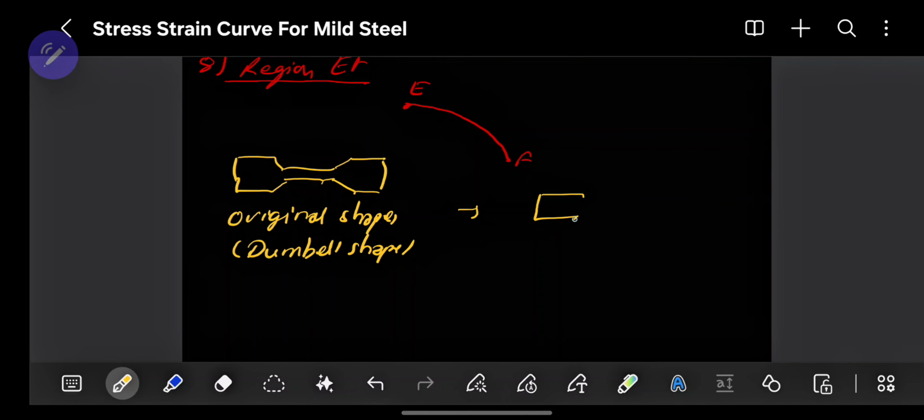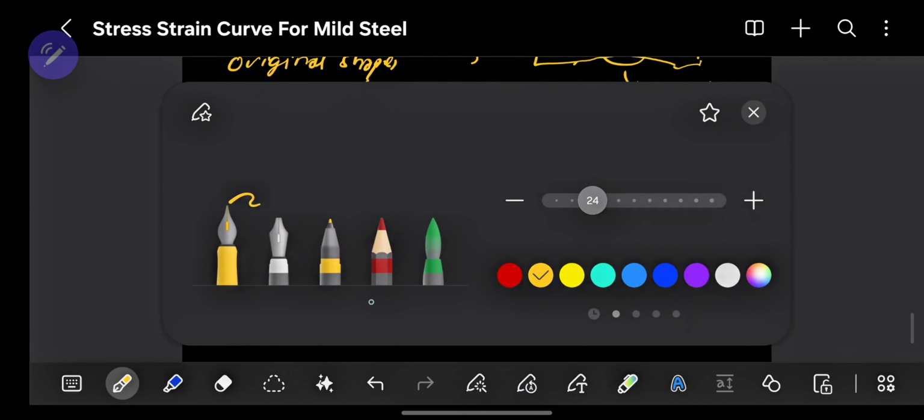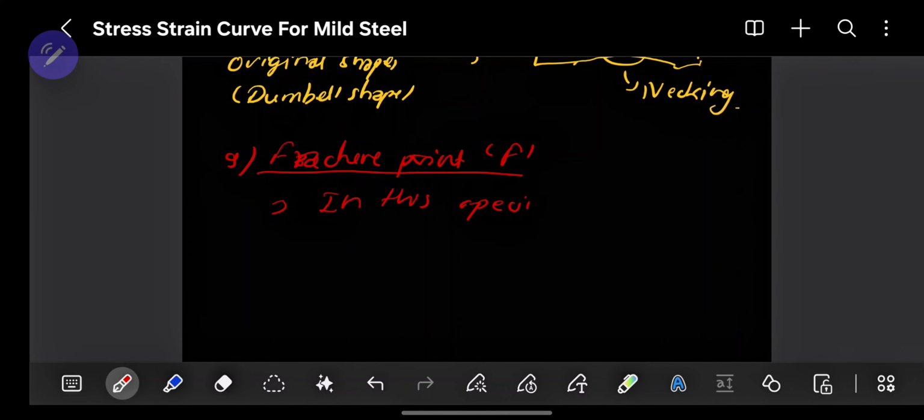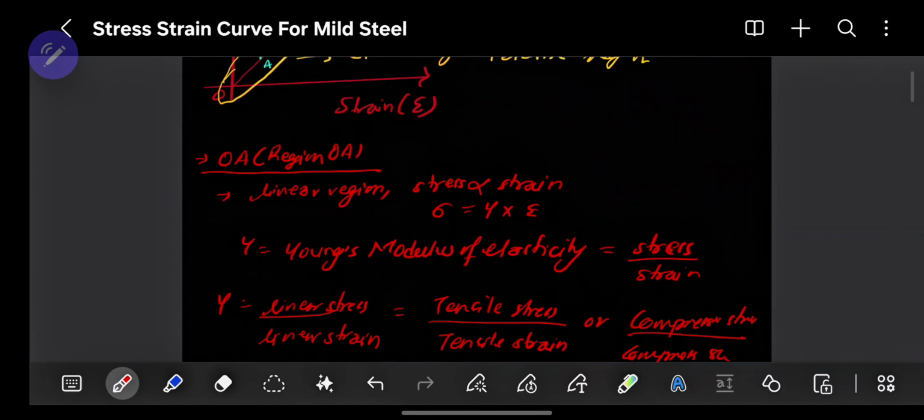And in this region we can see the material starts to elongate, and this region is necking. After this we go to the fracture point, that is F. In this, the specimen gets completely destroyed. So this is all about the stress strain curve. Thank you for watching the video.